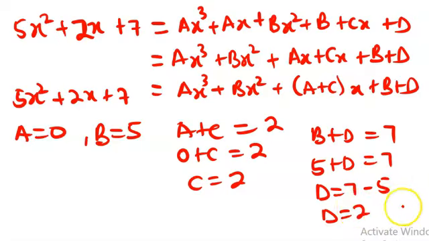So d is 2. Now, having gotten the values for the unknown variables, we need to rewrite the partial fraction. So let's go back.